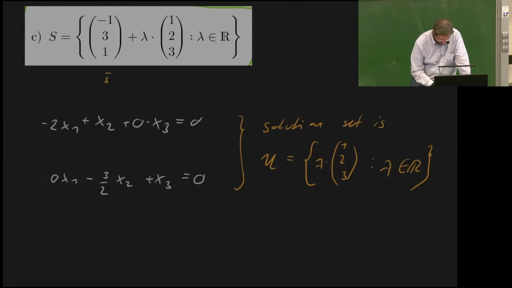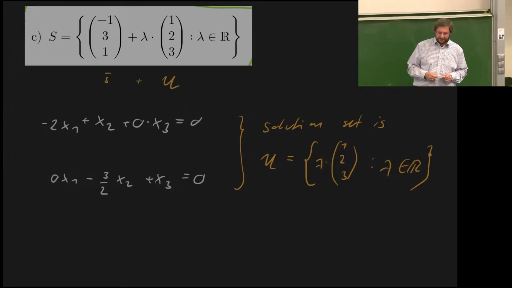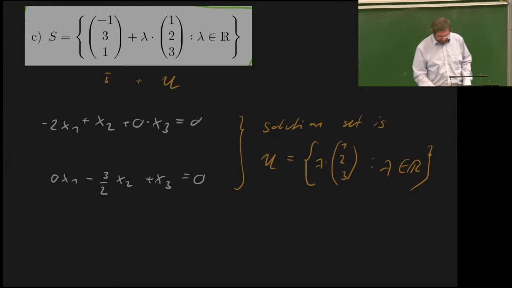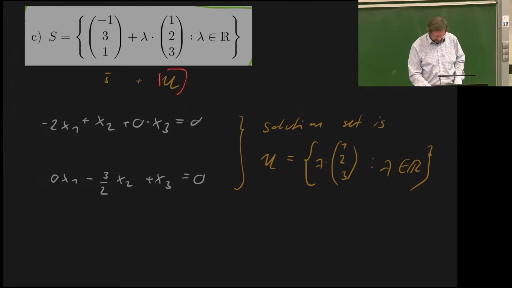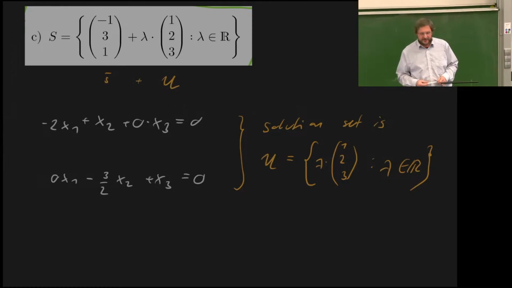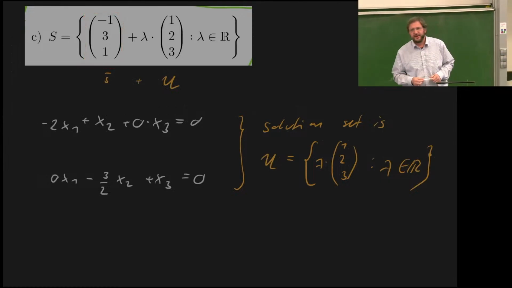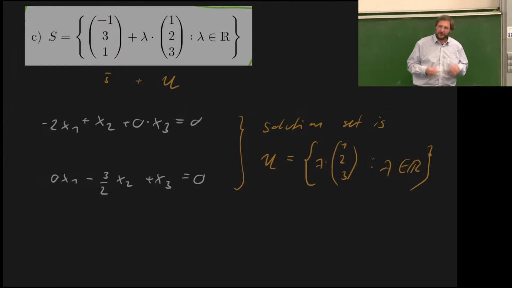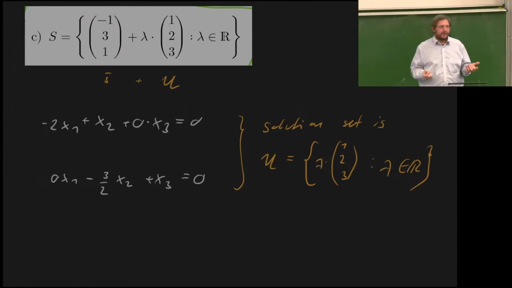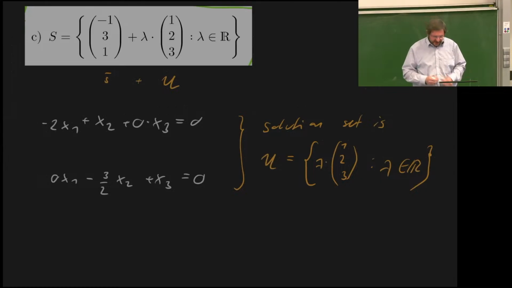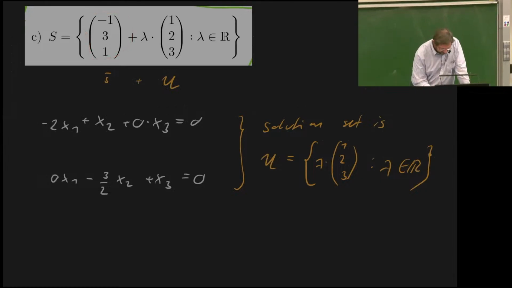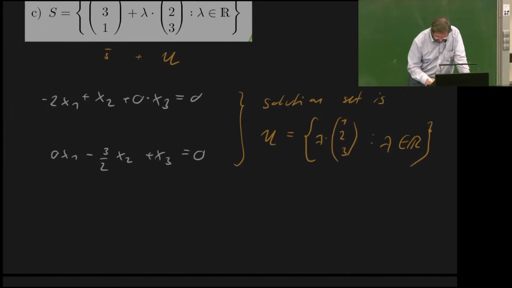That's our S bar, and that's our U. We already have a system that produces U. We just need to make sure that this here is a solution of the inhomogeneous system. So let's take the system we have, make it inhomogeneous in a way such that this is a solution. All right? Well, that's what we're going to do.